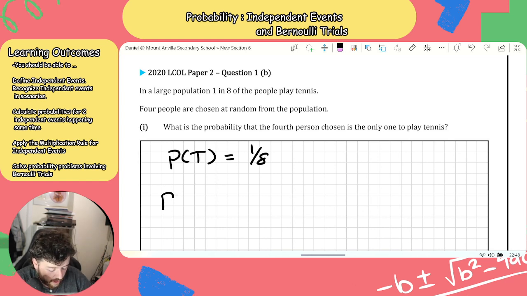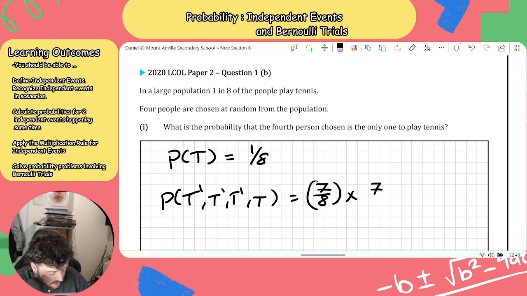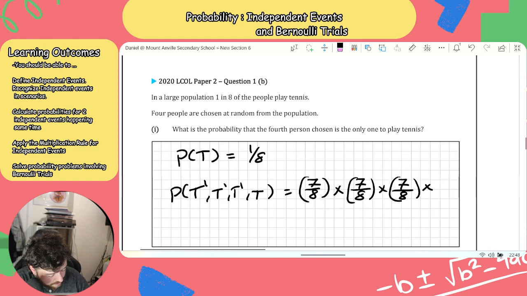So therefore, the first 3 people don't play tennis. I'm just going to do a little T exclamation mark to indicate they don't play tennis. And then the last one plays tennis. The probability of not playing tennis is 7/8. I'm going to multiply that by 7/8, multiply that by 7/8, and then multiply that by 1/8.